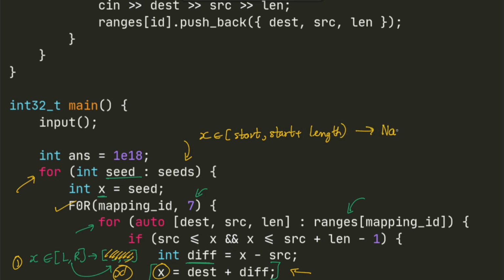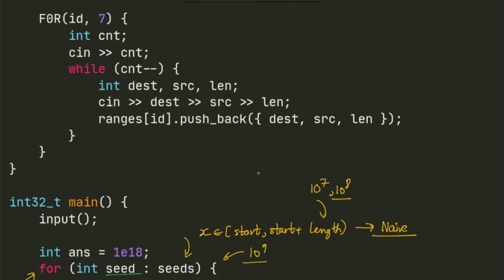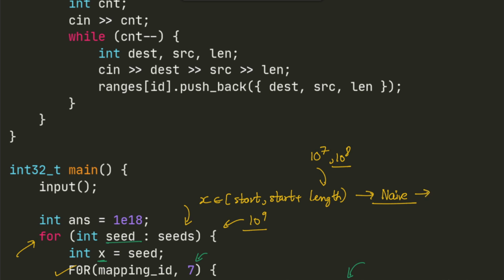This is the naive approach. This is inefficient because this length is of order 10 raised to 7 as well, or even 10 raised to 8 in some large inputs. So this for loop may run about 10 raised to 9 times or even more. Hence, this is a suboptimal solution, and this will take a lot of time if you try to implement this.